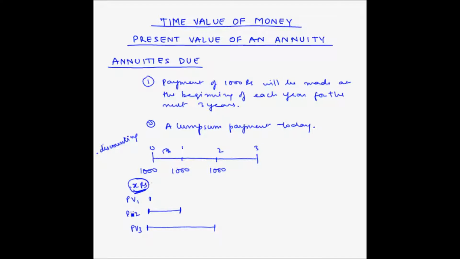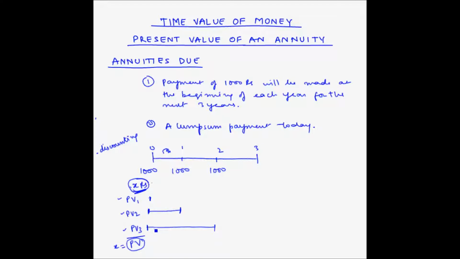So these three values, PV1, PV2, PV3, will total up to this X rupees. Here we'll say the total present value, or X, is equal to the present value. So we now have to find this present value. Now first let's find out the values of PV1, PV2 and PV3.